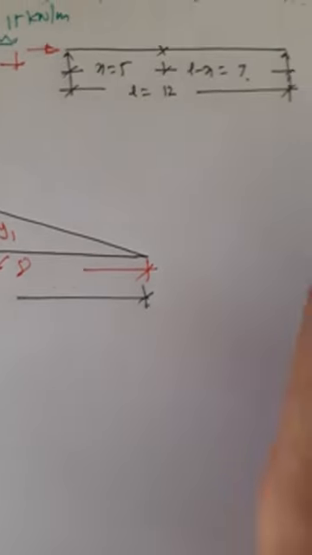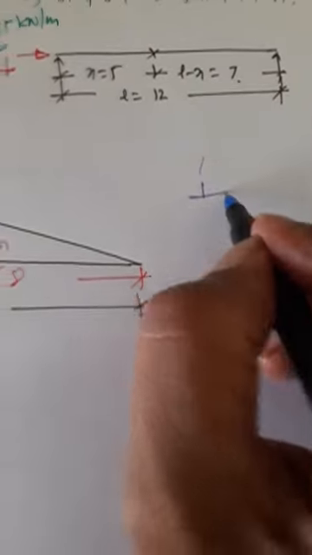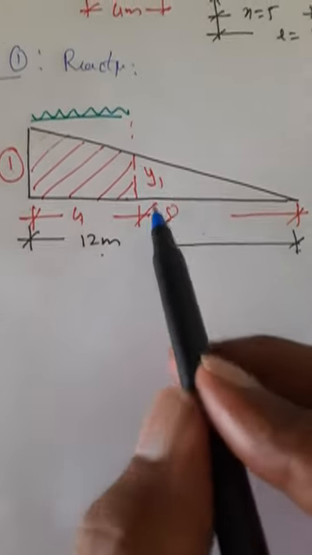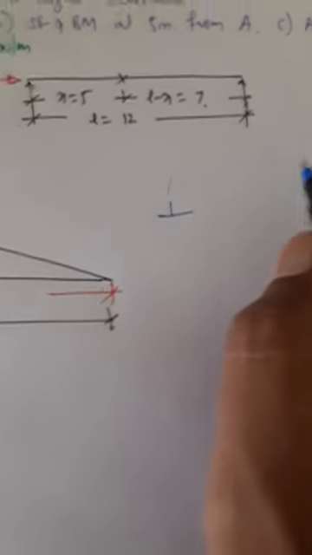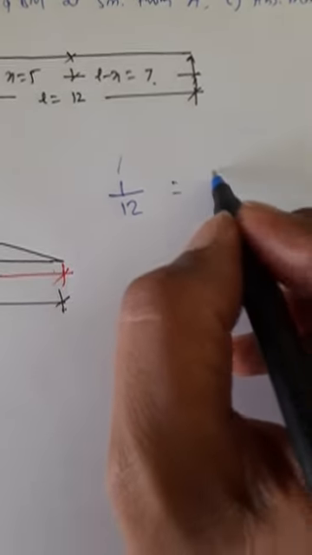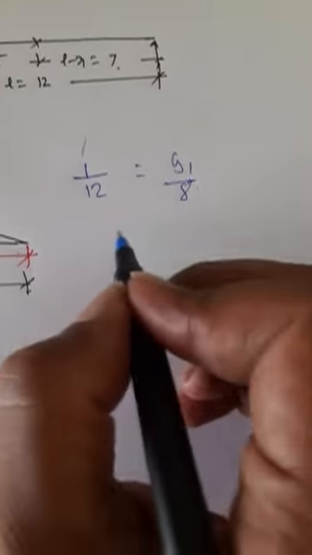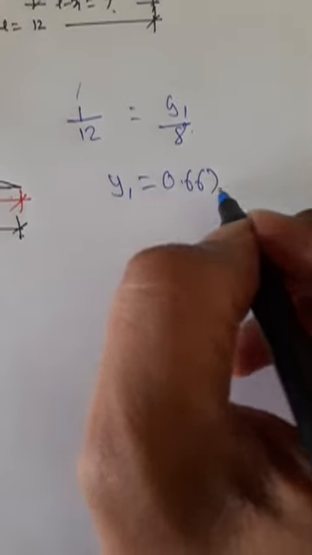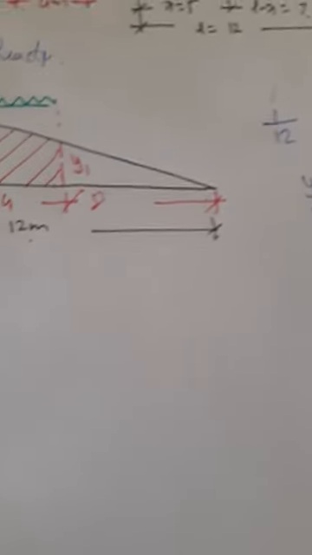So let us write down the values: 1 divided by 12 is equal to y1 divided by 8, or y1 is equal to 0.667.